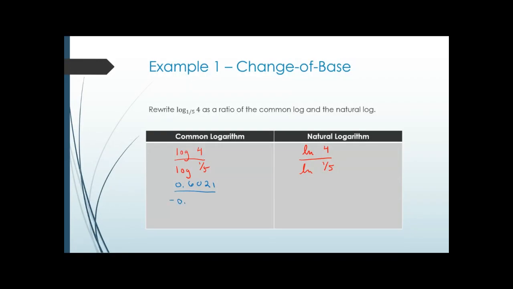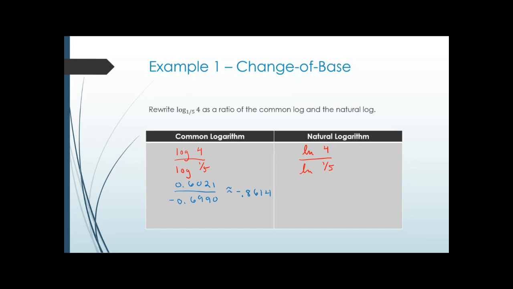That gives me negative 0.6990 when I round that. So when I divide these two numbers, I get about negative 0.8614.